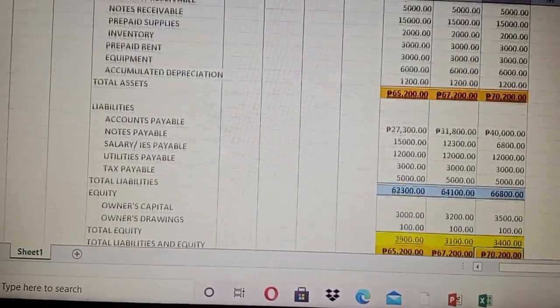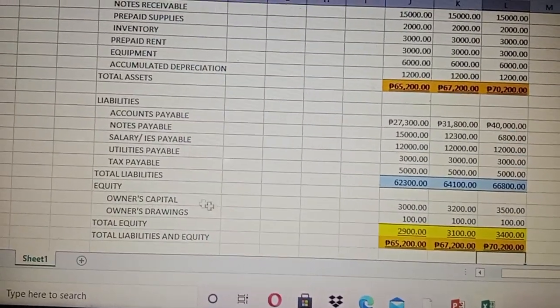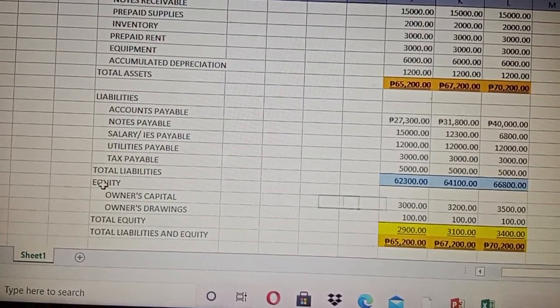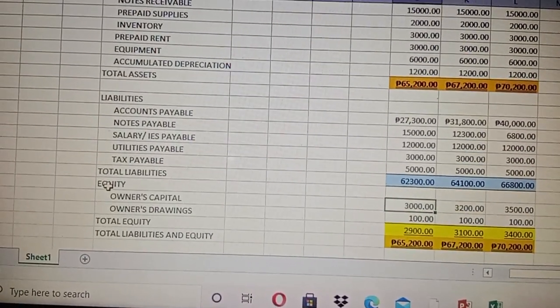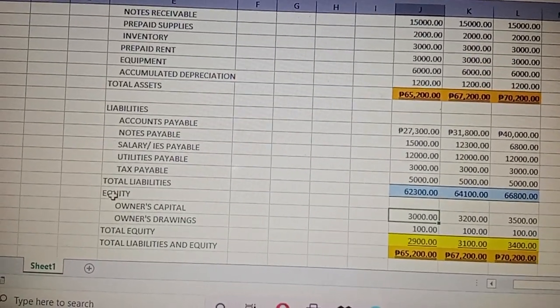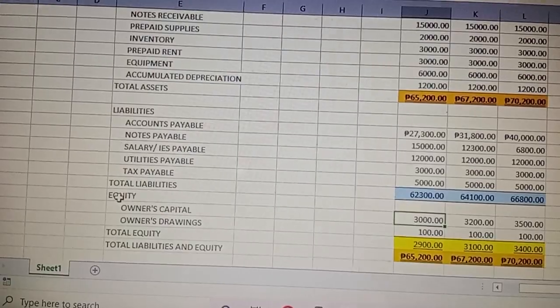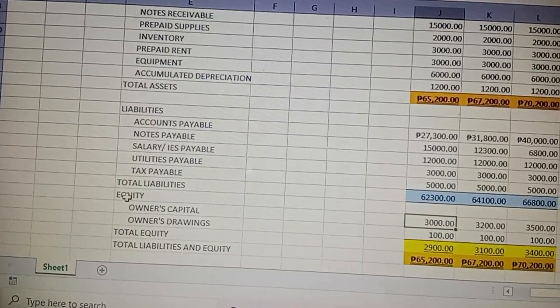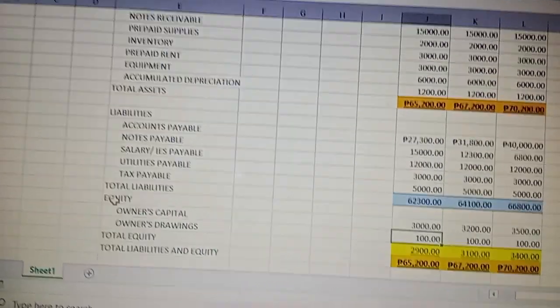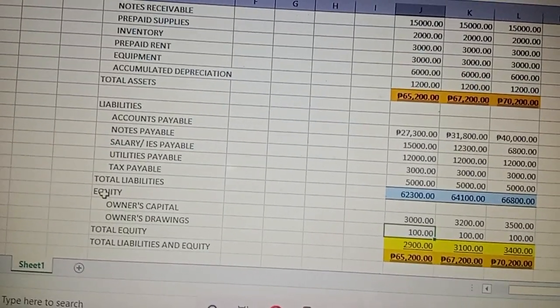After that, you will go on to the computation of your equity. Equity is your capital. As declared, you start your operations each day or each month with 3,000, whatever is the remaining in the capital amount, and then the possible allowable owner's drawings. If you can minimize that, that's better.